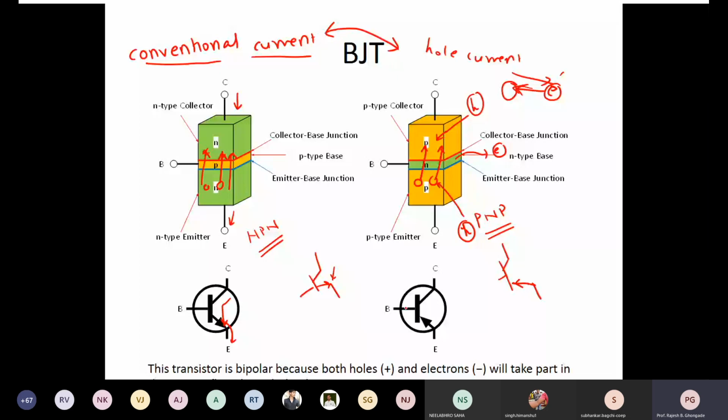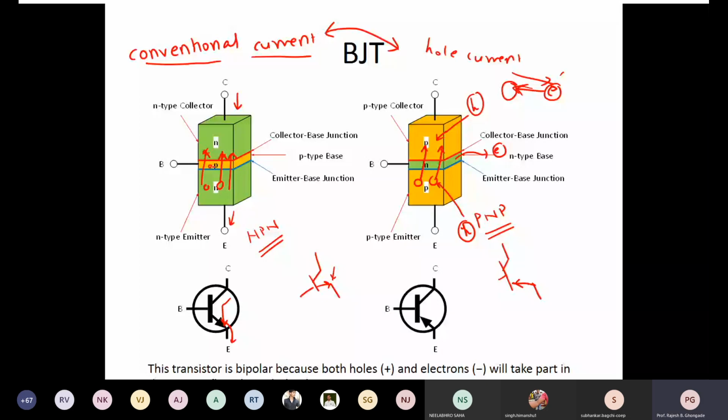Now why is it called a bipolar device? Because both holes as well as electrons take part in the current flow. How come? In an NPN device, we know that electrons are going from emitter to collector, but there is some kind of hole current also possible here. So we have the holes in this region.